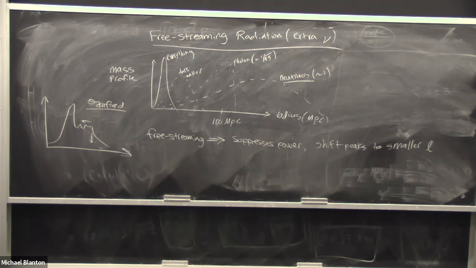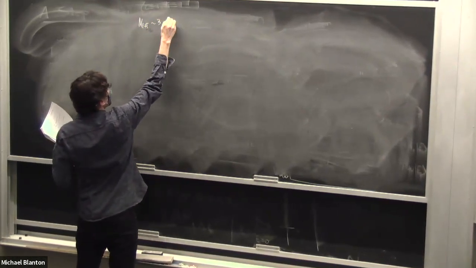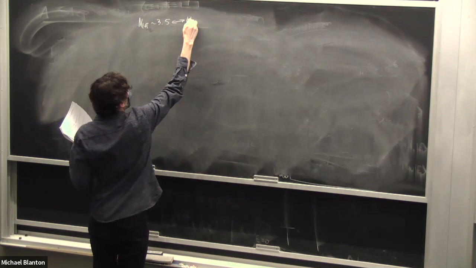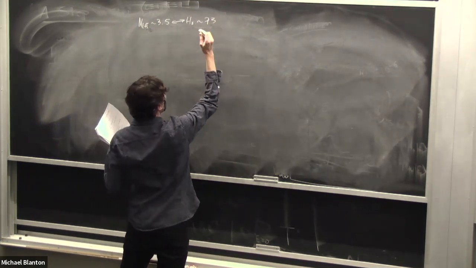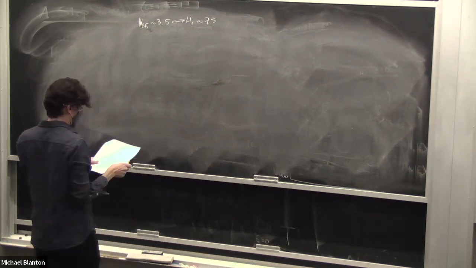For that reason, people have tried playing around with a different kind of radiation entirely. Because remember, this statement about an effective N of 3.5 and being consistent with Hubble is a statement that I just want to increase the energy density at early times.